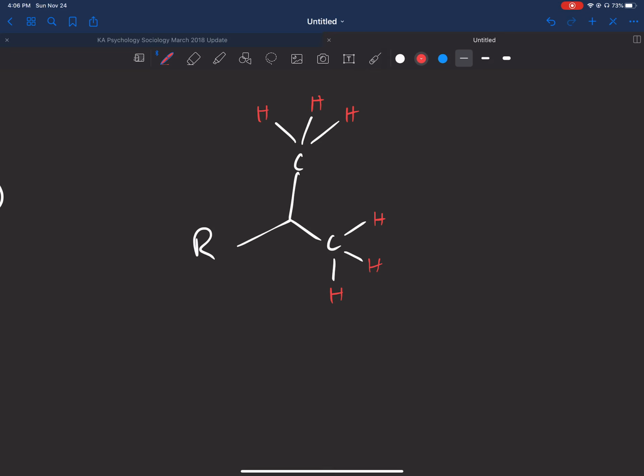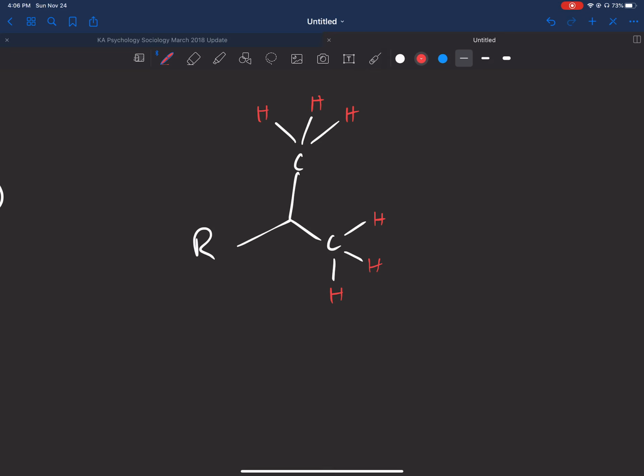We have this carbon with its hydrogens, this carbon with its hydrogens, this carbon with its hydrogens. So H, H, H. Now, remember, all of these hydrogens are unique. Look at the way that they're bound. I'm just focusing on this hydrogen. It's bound to a carbon with two hydrogens other than the one I'm looking at.